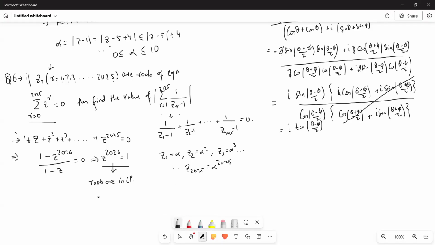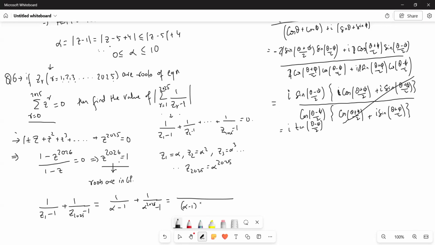ठीक है. अब solve करने के लिए what we need is, let's say we take the first term and pair it with the last term. ठीक है. एक बार देखते हैं इसका वैल्यू क्या आएगा. So this would be like writing 1 by alpha minus 1 plus 1 by alpha to the power 2025 minus 1. Take the LCM.